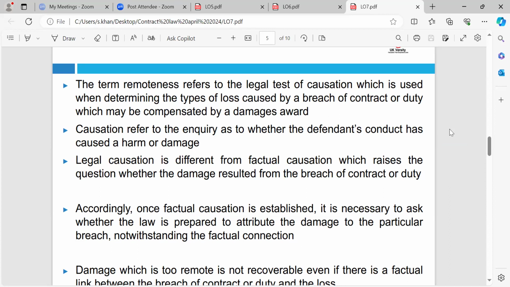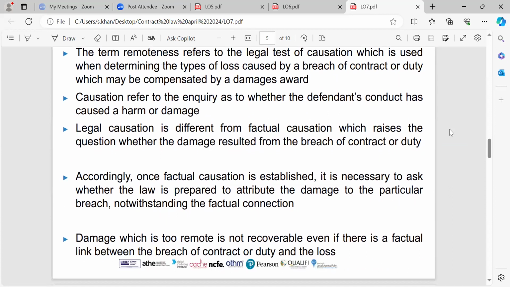Legal causation is different from factual causation, which raises the question whether the damage resulted from the breach of contract or duty. Once factual causation is established, it is necessary to ask whether the law is prepared to attribute the damage to the particular breach, notwithstanding the factual causation.